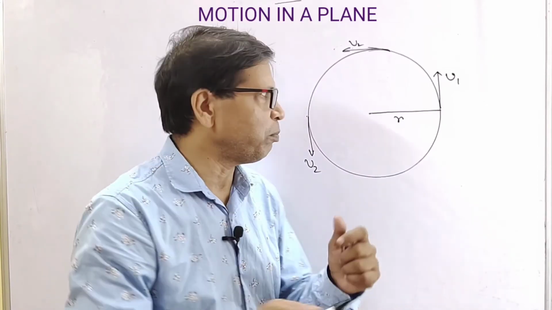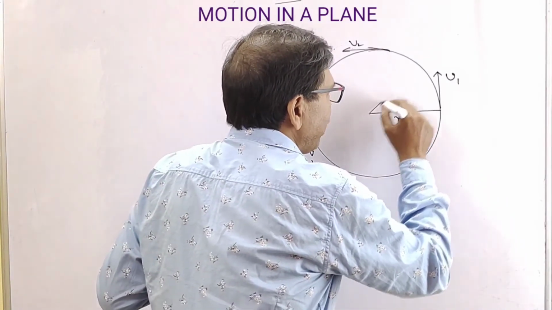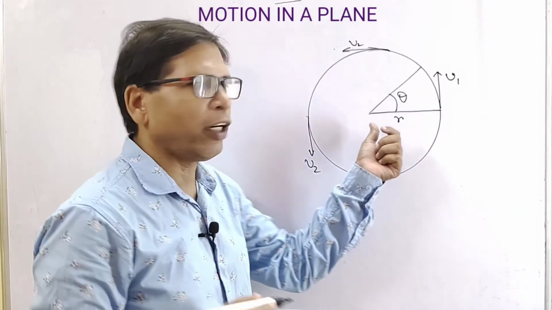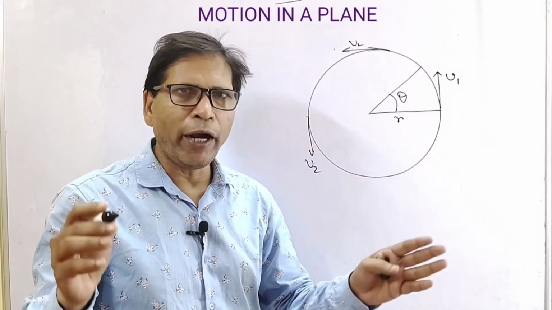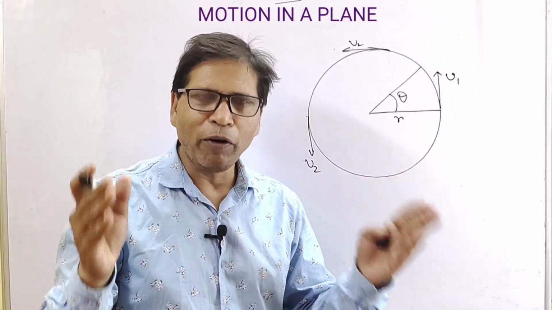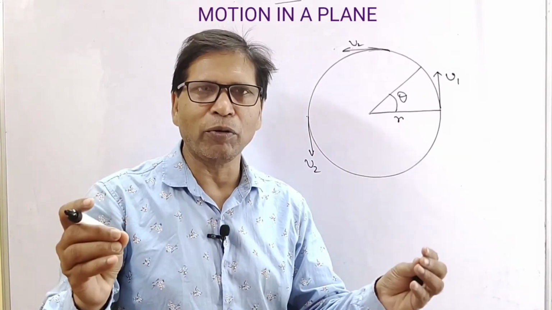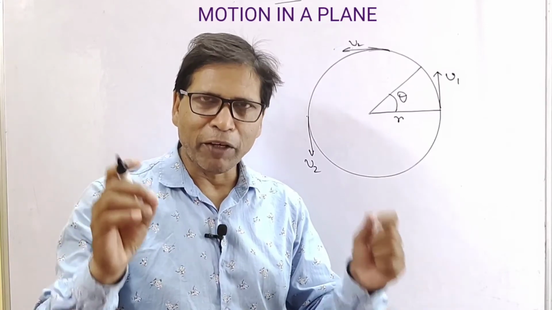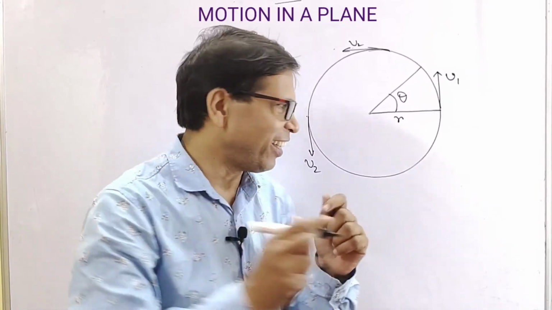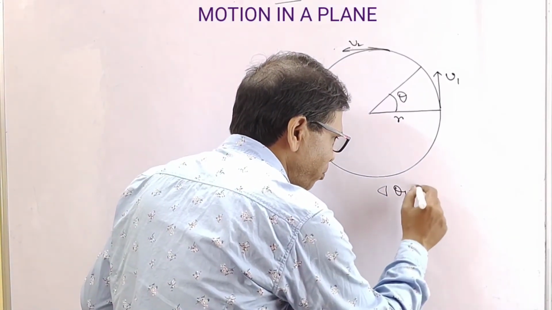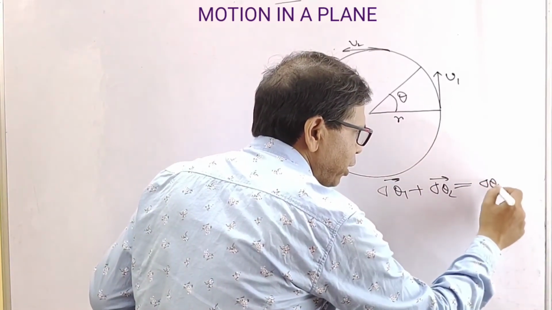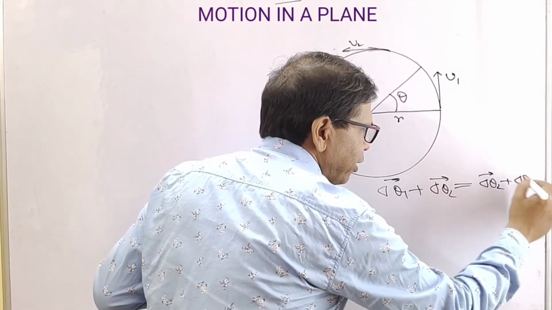Now angular displacement. The angle made by the rotating body at the center of the circular path is called angular displacement. The angular displacement of finite value is a scalar quantity, but angular displacement of very small value is a vector quantity because it obeys the commutative law of vector addition, that is delta theta 1 plus delta theta 2 vector is equal to delta theta 2 plus delta theta 1.